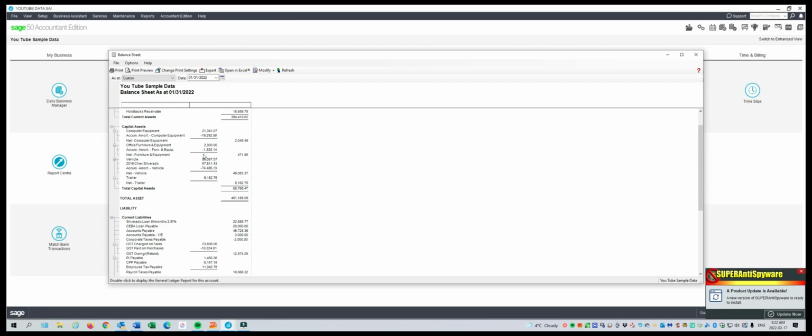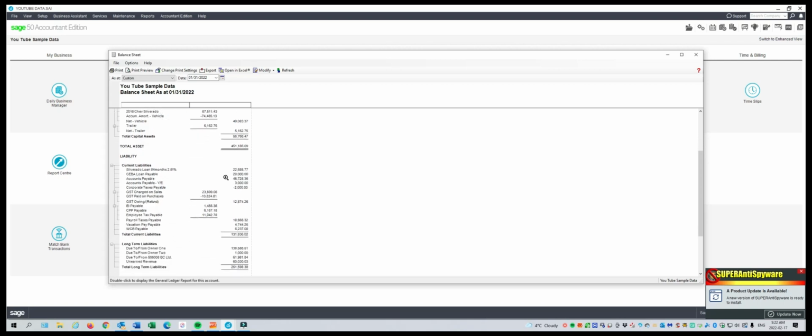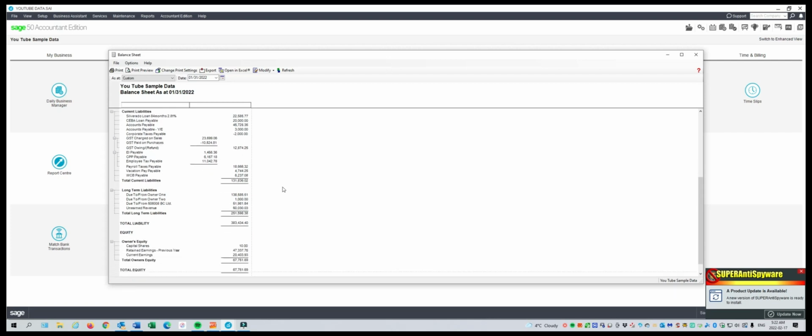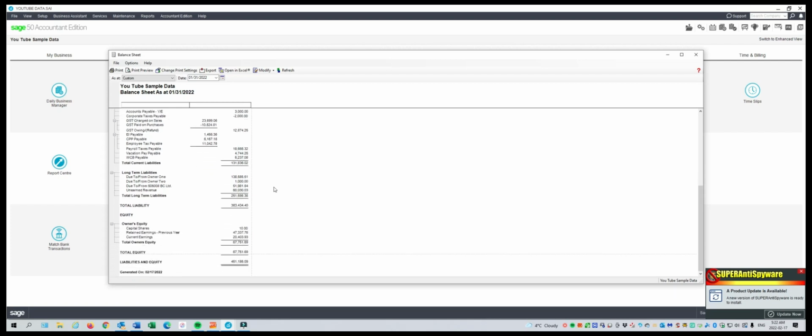The next section is your fixed assets or your current assets with the depreciation, and that gives a total. We also have our liabilities, which is our bank loans, and also our accounts payable, which is due to suppliers, and our government amounts due.